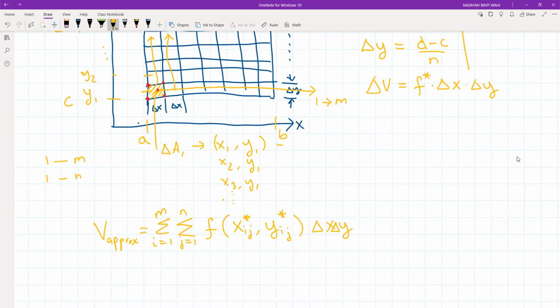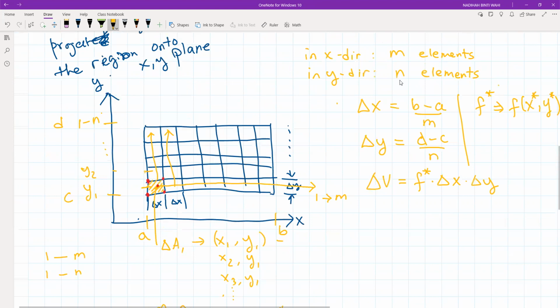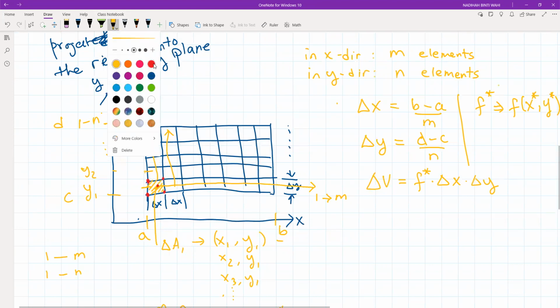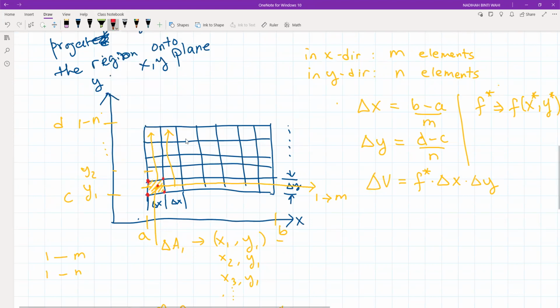For example, let's say I have this one. I want to increase the precision, so you need to divide more.